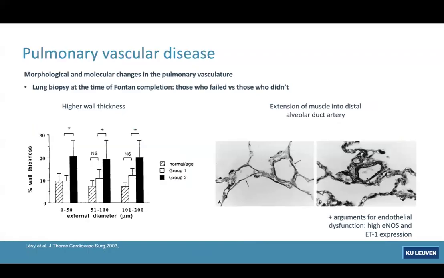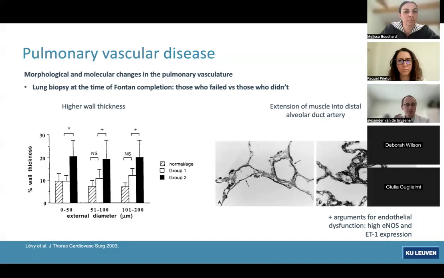I've got a couple of slides on pulmonary vascular disease, but time is limited, so I'll just go quickly through it. It got a lot of attention in the past because we had drugs that were pulmonary vasodilators and could actually open up the pulmonary vasculature, maybe improving filling to the systemic ventricle. So it made sense to test that in our population, and we did the same thing 10 years ago.